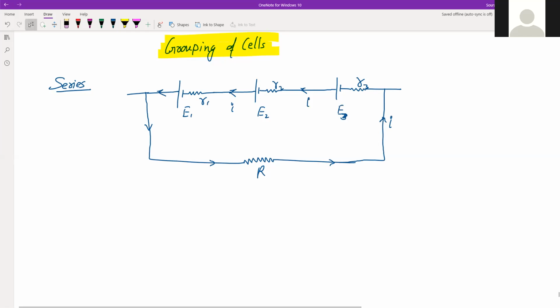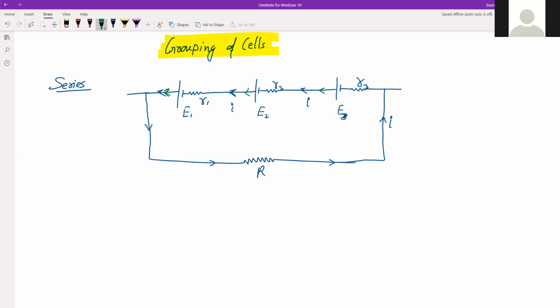Now in this case, the equivalent EMF of the cells will be, see what it does, one cell supports another. This pushes the current in this direction. Each cell is pushing the current in the same direction, so their EMFs get added.